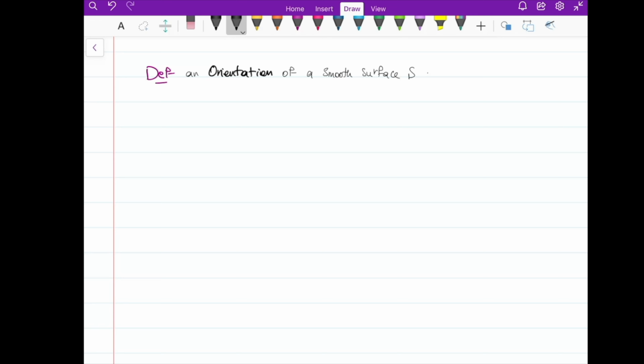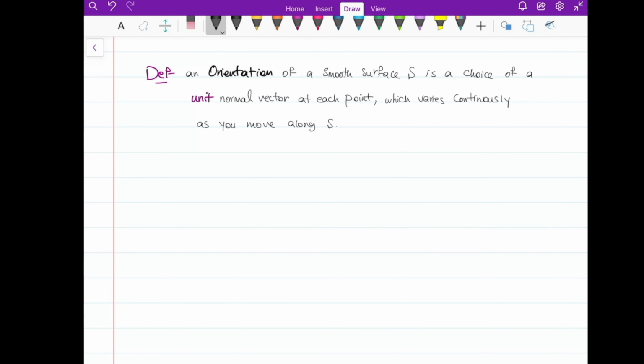An orientation of a surface S is a choice of a unit normal vector at each point, which varies continuously as you move along the surface S.